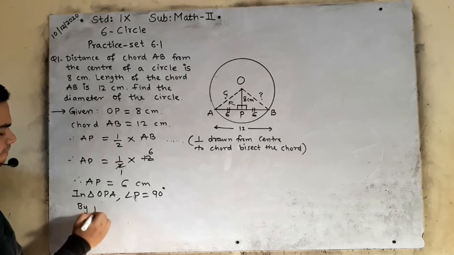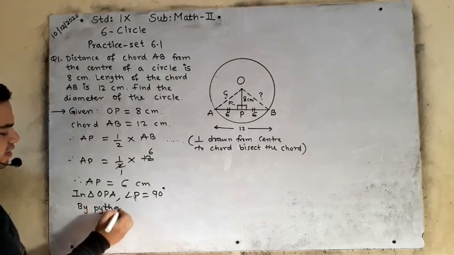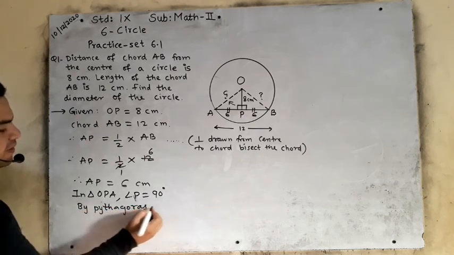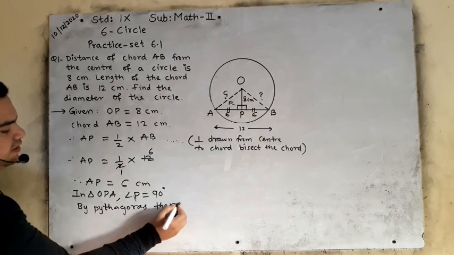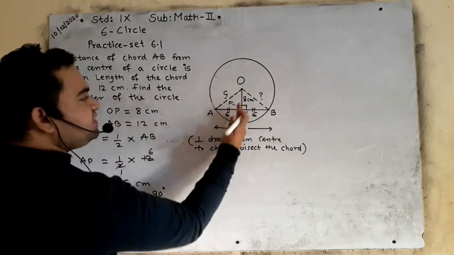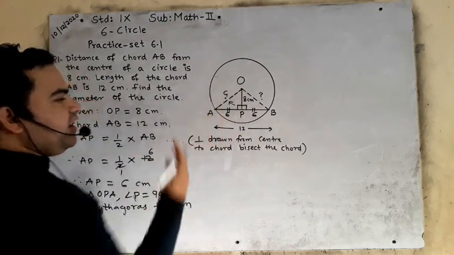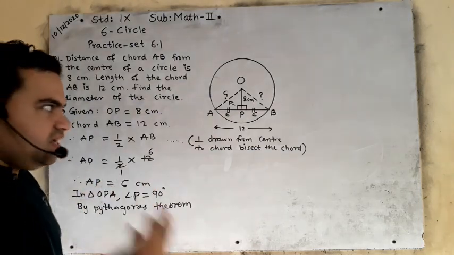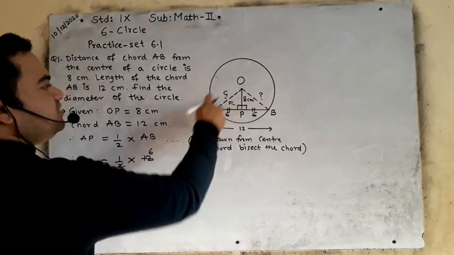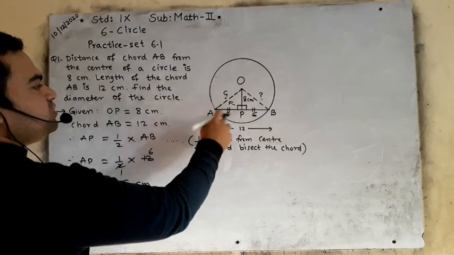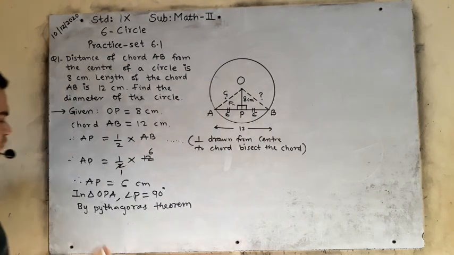So by the Pythagoras theorem. Remember students, whenever you see a right angle triangle, we have to utilize the Pythagoras theorem. Hypotenuse square is equal to side 1 square plus side 2 square.